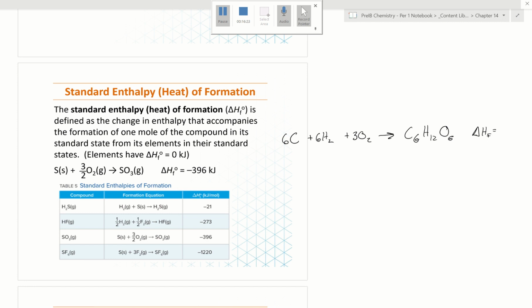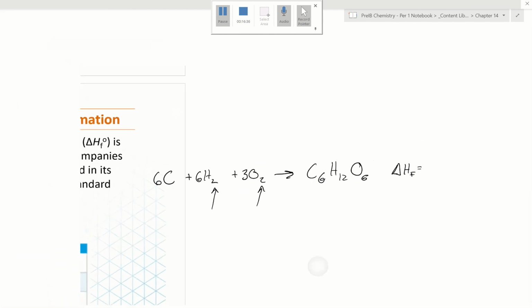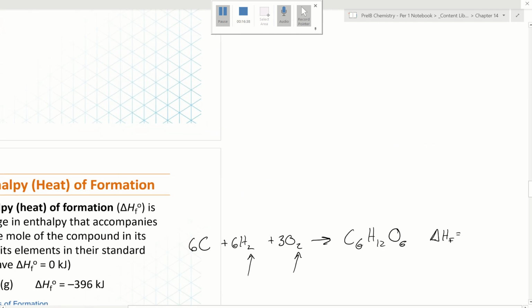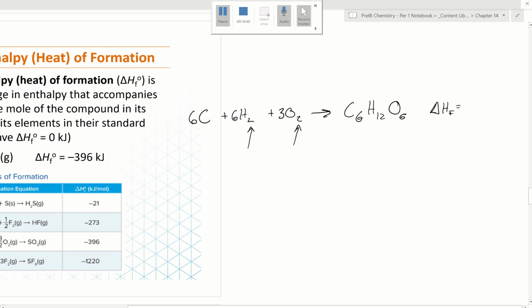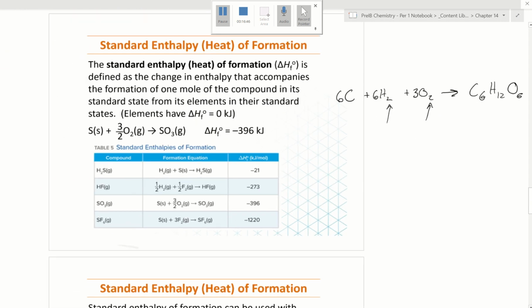but if you're given any compound, you can figure out its standard enthalpy of formation by just taking its elements in their standard states. Hydrogen always exists as H2 and oxygen always exists as O2, and those are the elements that form it. And when you have the elements that form it and you balance it all out, that's the equation for the standard enthalpy of formation.